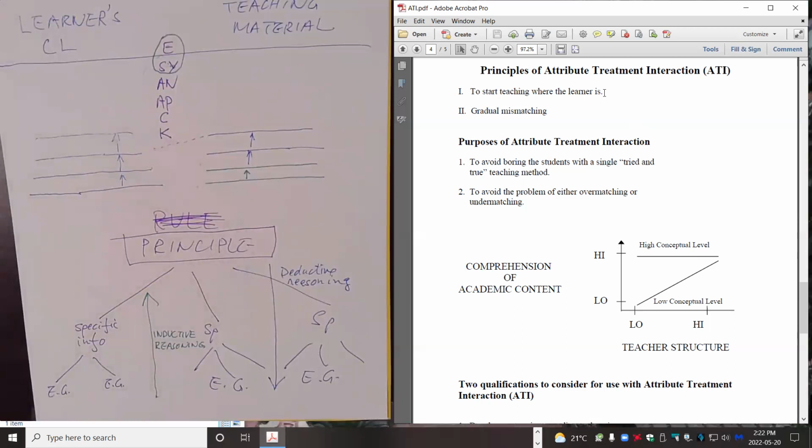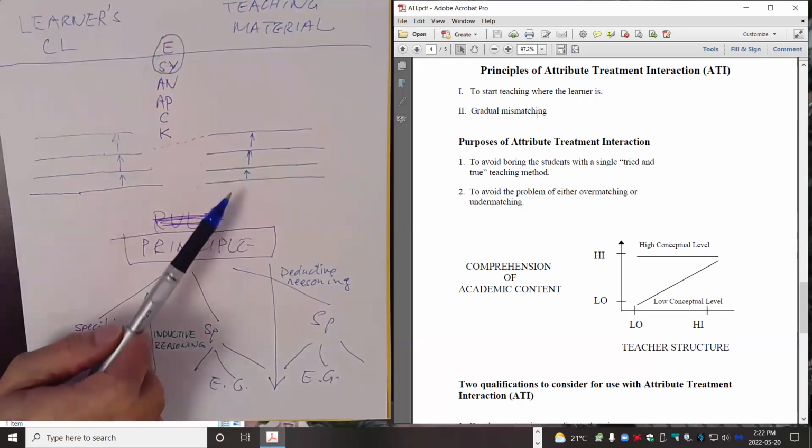William James, the father of American psychology, was very insightful. So to start where the learner is, that is to match or start teaching in concert with the student's level of development. All right? So the next one, gradual mismatching.